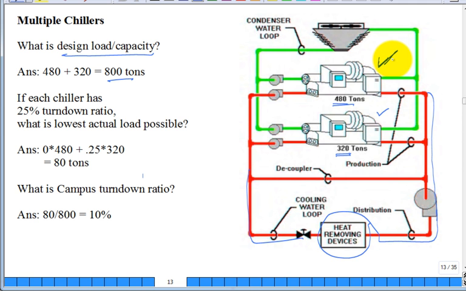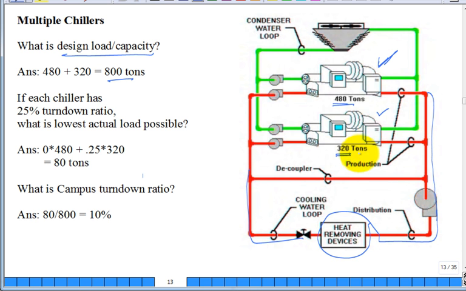Often, they don't work. The efficiencies will start to degrade, but also you could have some problems with ice inside the chillers. So the design manufacturers say, don't go below 25% or some other number of our rated capacity.